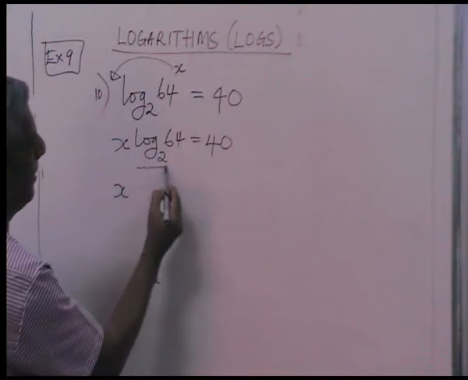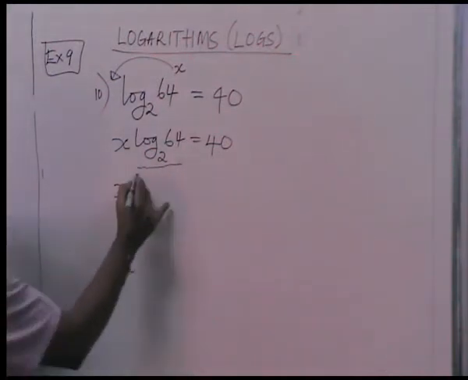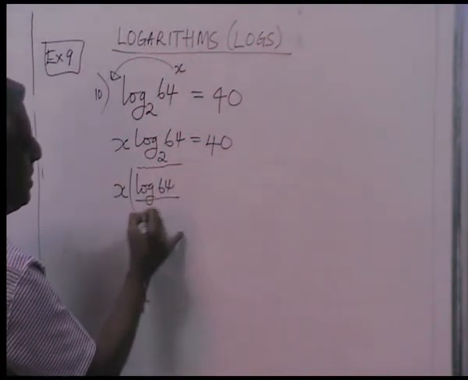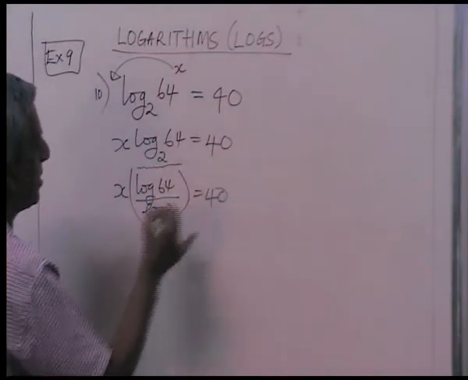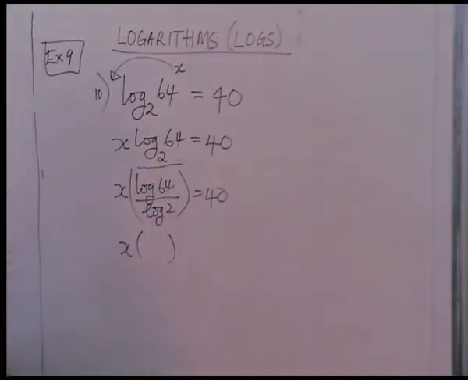To make my life easy, I will change base. So I will say log of 64 divided by log of 2 is equal to 40. x into. Now when you put log 64 divided by log 2 in the calculator, you will get 6.